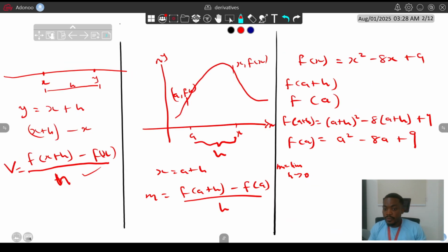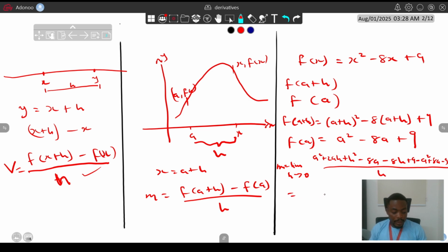Great. So we have a squared plus 2ah plus h squared minus 8a minus 8h plus 9, minus a squared plus 8a minus 9, all over h.